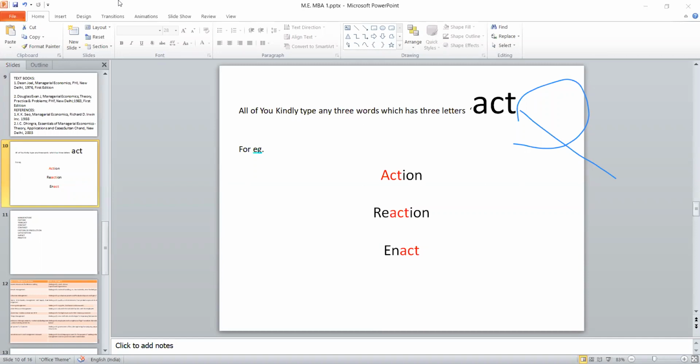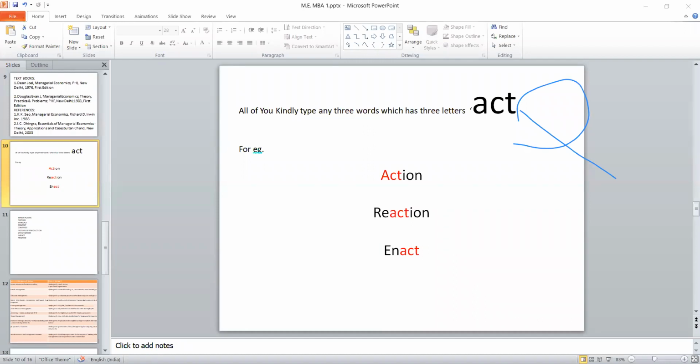Are you ready? Yes, sir. Proactive. Fantastic word. Super. Sriram, very good. Thank you, sir. Any other? All of you, please say any three words. What about the rest of the people?